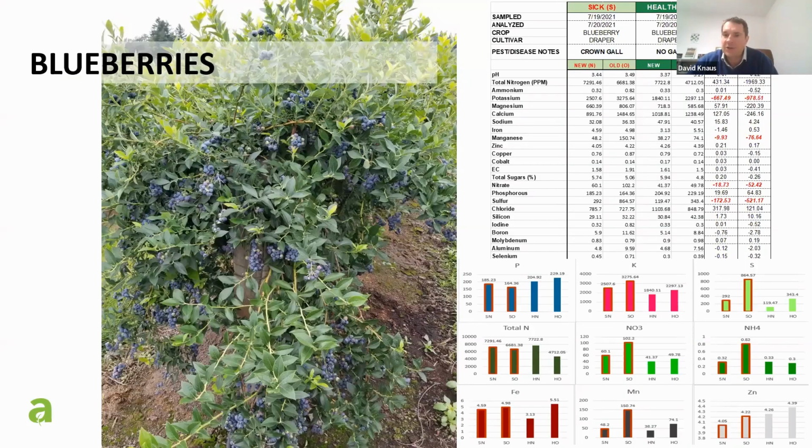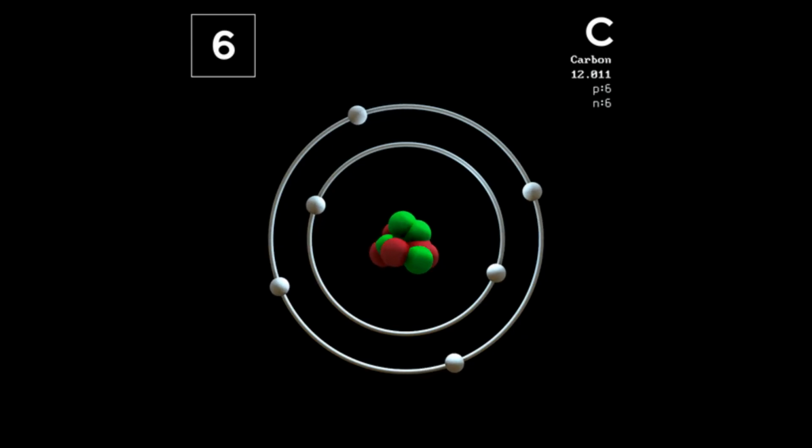Looking at some blueberries with a sulfur excess, as well as a manganese excess and a potassium excess, manifesting in the nourishing of a disease.